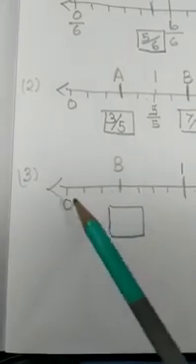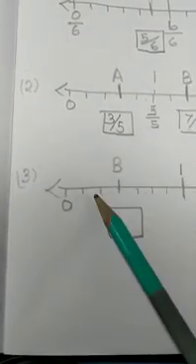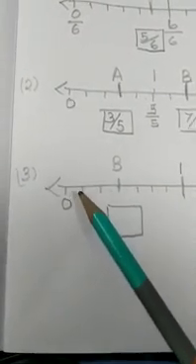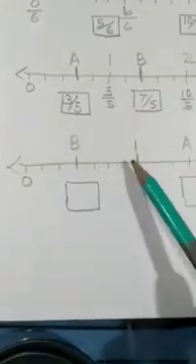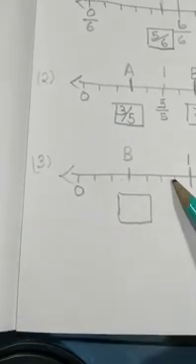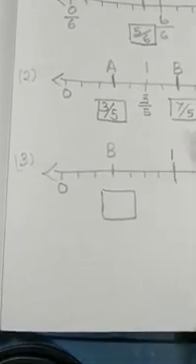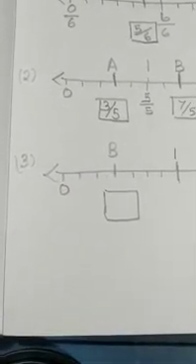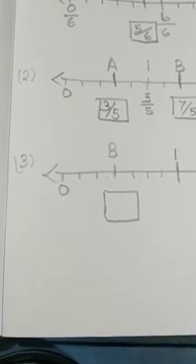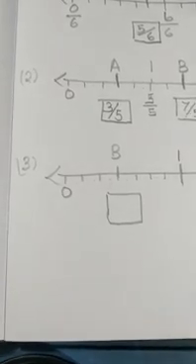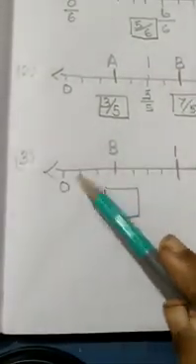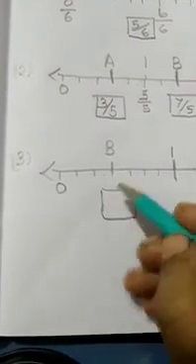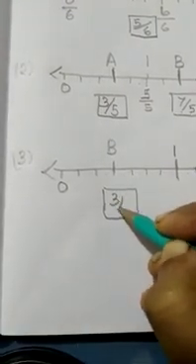So let us see how many parts 0 to 1 has been divided into in this number line. 1, 2, 3, 4, 5, 6, 7. So 0 to 1 has been divided into 7 parts. That means the denominator will be 7. So what will be the numerator for point B? Let us see. 1, 2, 3. So it will be 3 by 7.